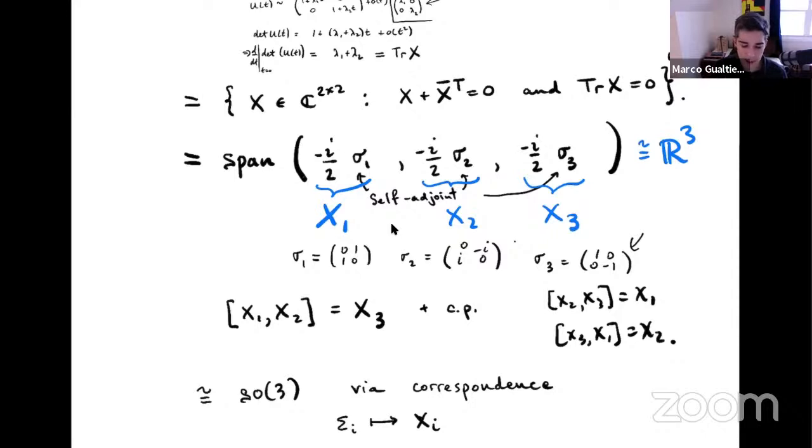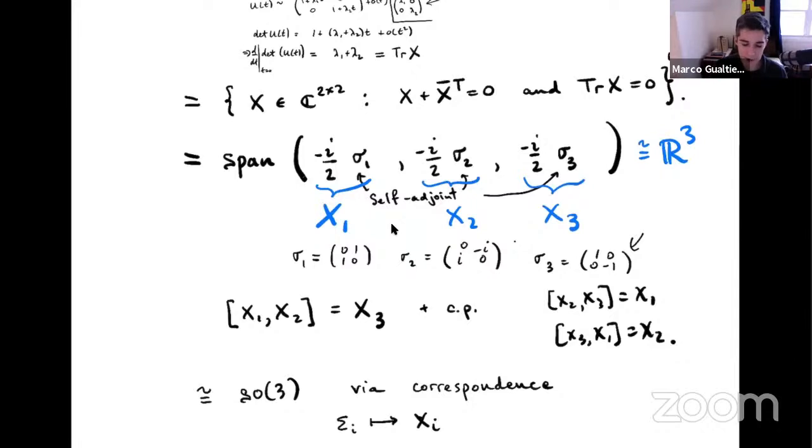So I need to multiply by 1/2. These modified Pauli matrices I will call x1, x2, and x3. And this will be a basis for my real three-dimensional space.